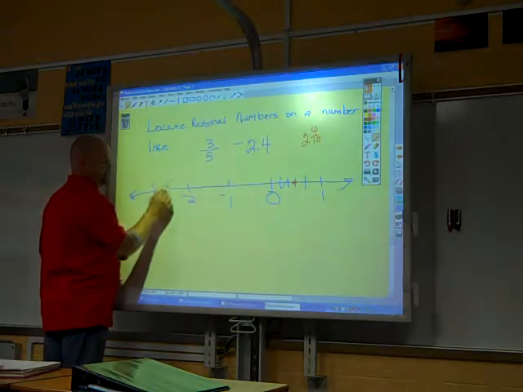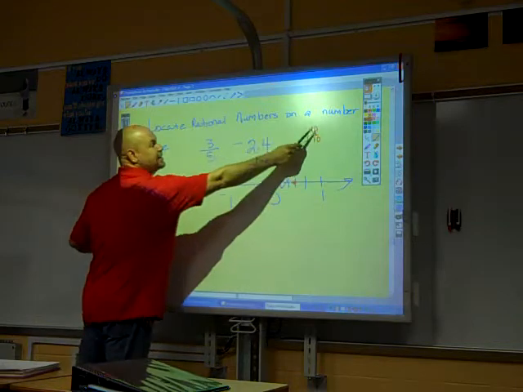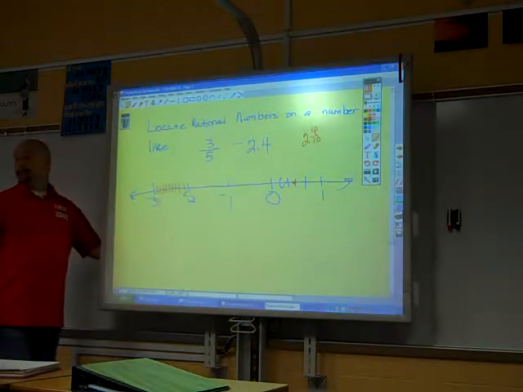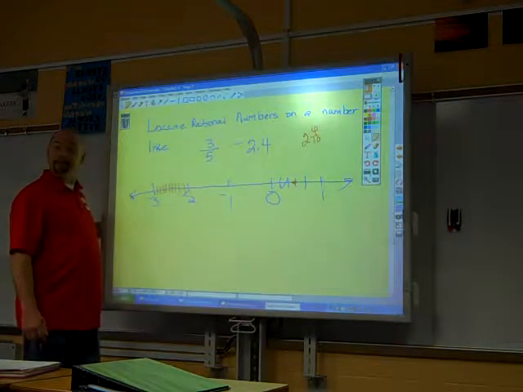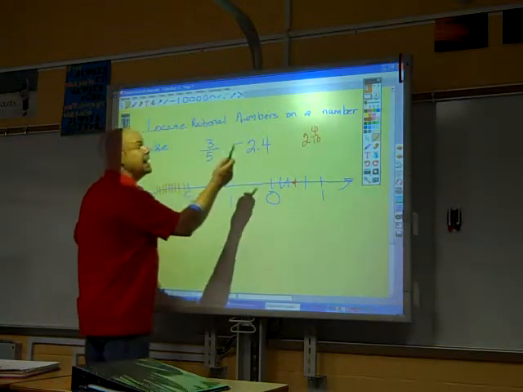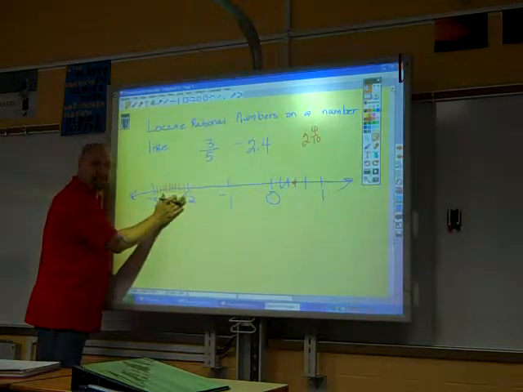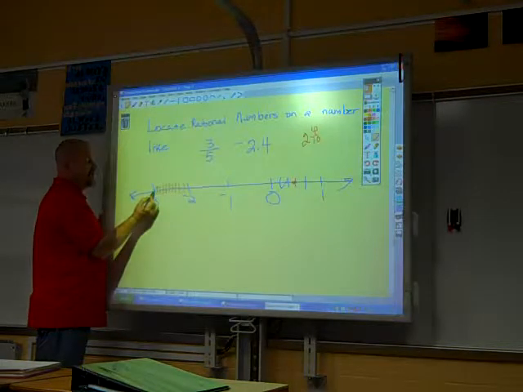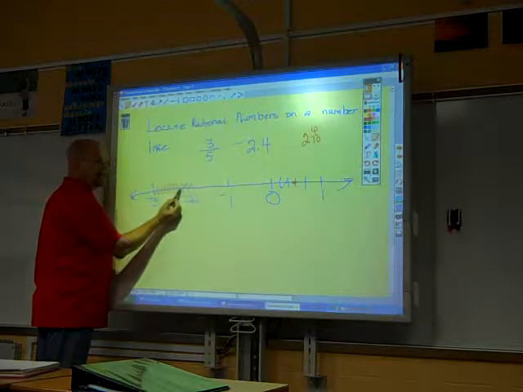1, 2, 3, 4, 5, 6, 7, 8, 9. And then how many tenths over do I want? 4. 4/10. Very good. Now, I'm going to be very careful because I'm on the negative side of my number line. Should I count from here over 4, or should I count from here over 4?